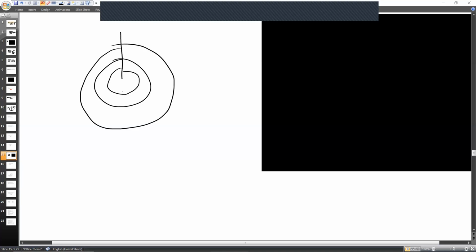But actually, when we did the experiment, we found that the magnetic field lines shown by a current carrying conductor are in the form of concentric circles. So if this is a current carrying conductor, the magnetic field lines will be in the form of concentric circles.